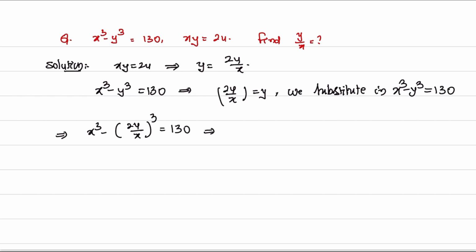Now, it will be x cube minus 24 cube divided by x cube is equal to 130.